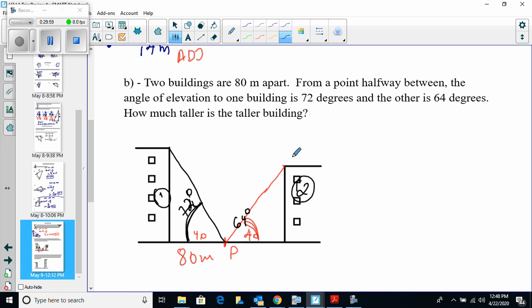Let's find the first one. So now we have the side here. If we label them P, A, B, P, C, D. So if we label them, PA will be 40 meters, and we are looking for AB.